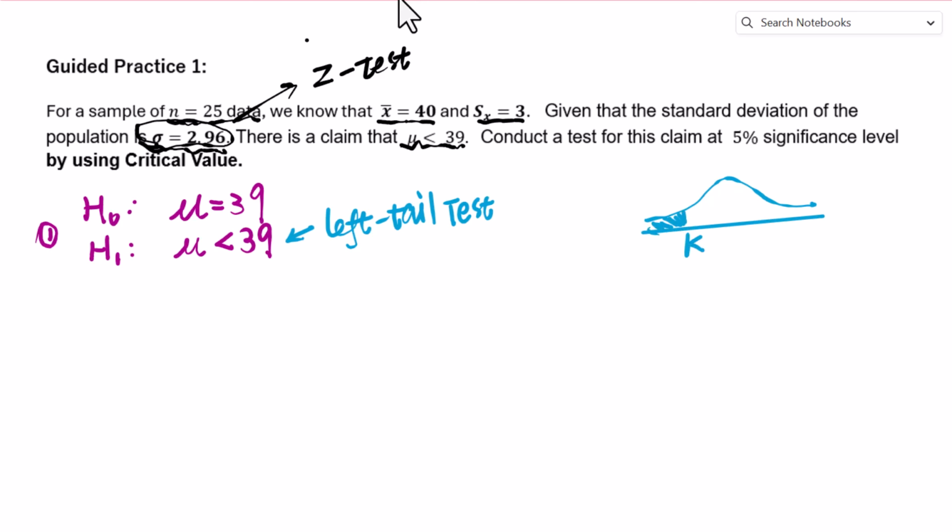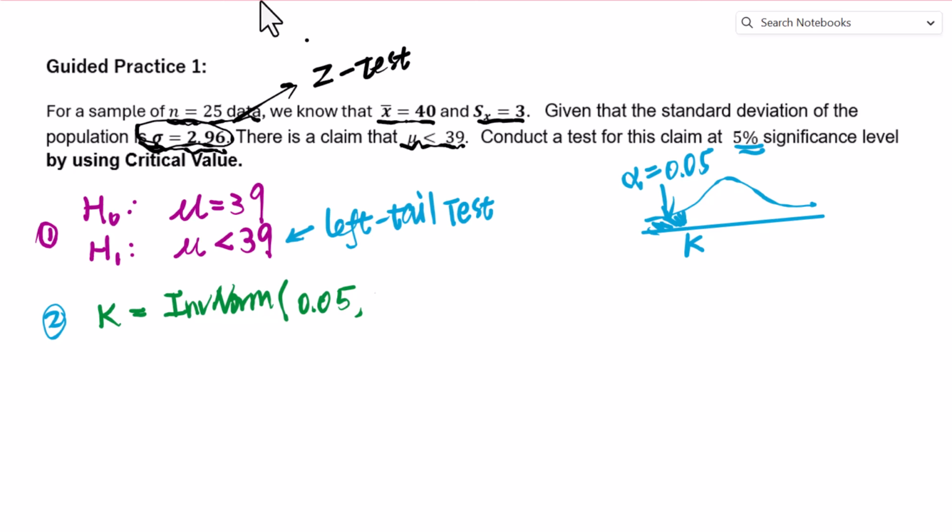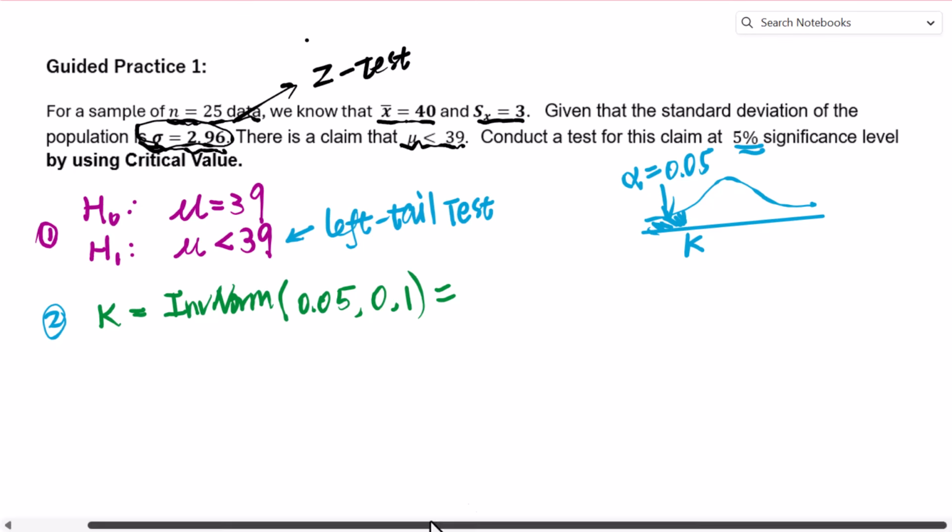This is k. This area is alpha equals 0.05. So second step, we will figure out this k. k equals inverse norm, area is 0.05. Let's go to calculator to get this critical value k.